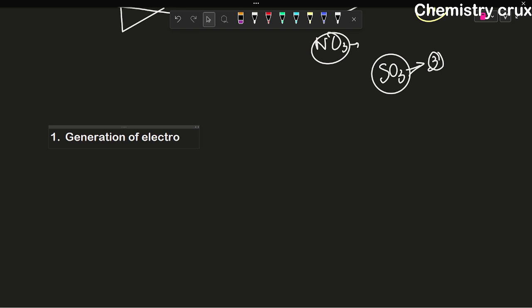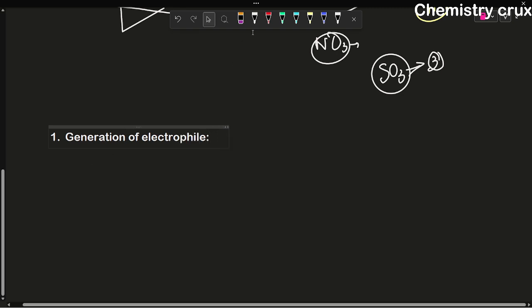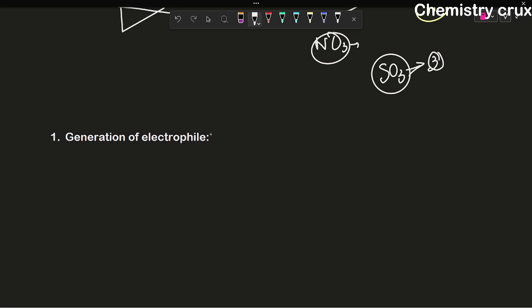This is something that depends upon the reaction that we are taking, right? For example, if we take nitration of benzene, we will be using reagents like H2SO4 plus HNO3.